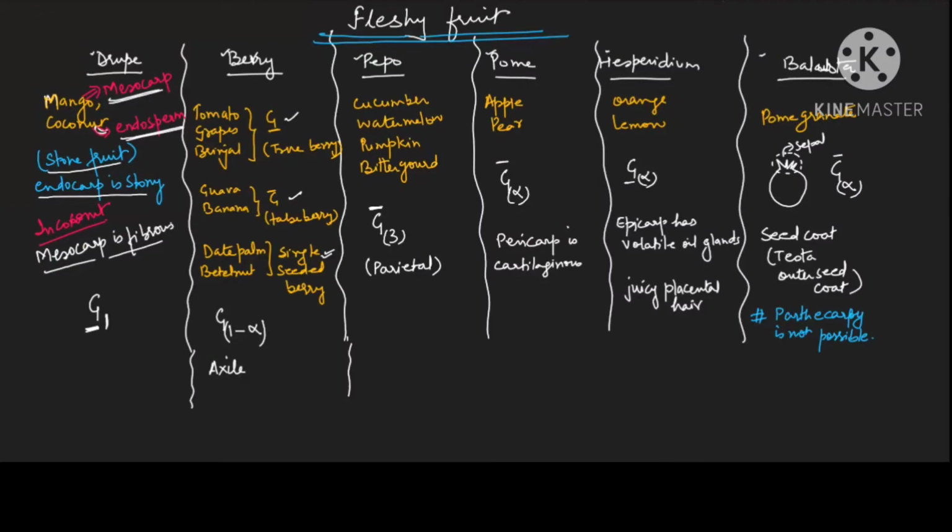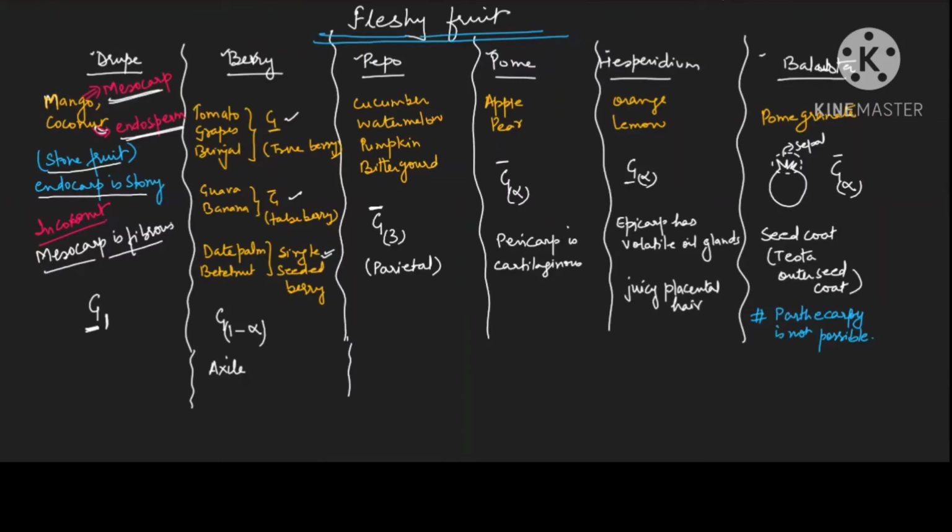Parthenocarpy means seedless, which is not possible, because if there is no seed, there is no seed coat. You cannot eat the pomegranate. This is a very important PMT question. The question is: which fruit loses its economic value when we go for parthenocarpy? The answer is pomegranate. So I think all the fleshy fruits are clear.